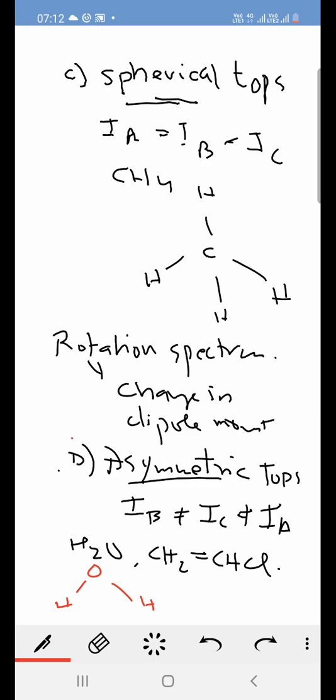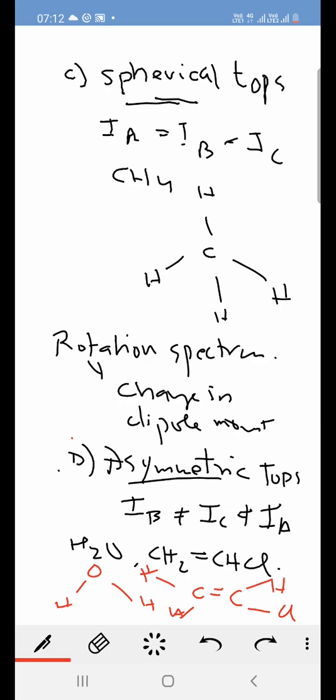Similarly, you have two carbons bonded together, followed by hydrogens and one chlorine.